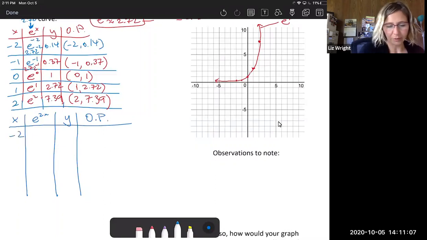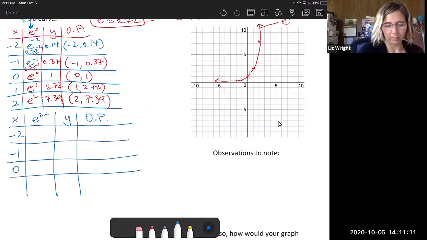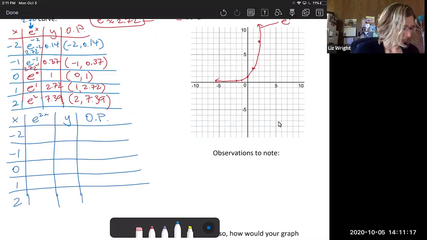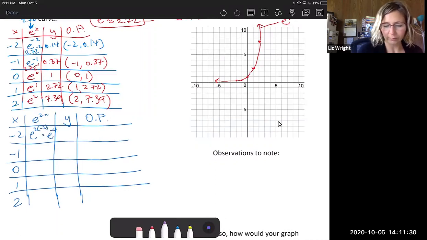So it's going to be -2, -1, 0, 1, and 2. And here we're going to have e to the 2 times -2. So it's going to be e to the -4. So again, you could put 2.72 if you'd rather. So you can do 2.72 to the -4 if you'd rather.